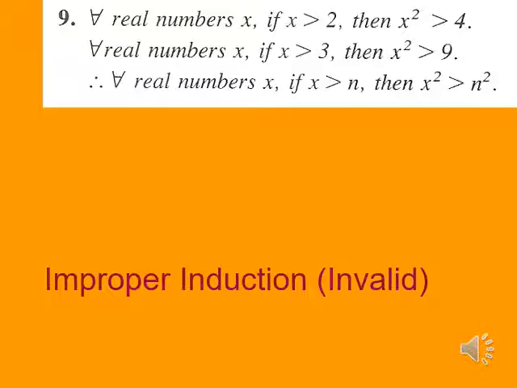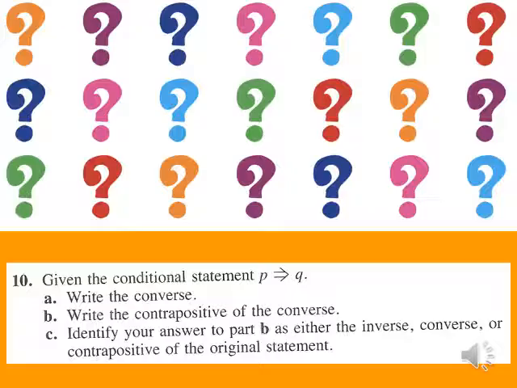Sometimes the fact that they all say for all throws people off because the first part of improper induction has like a there exists in it. But what we're saying is that there exist 2 specific cases where this works, and we're trying to assume that it works in every possible case. And it is improper induction, which is invalid.